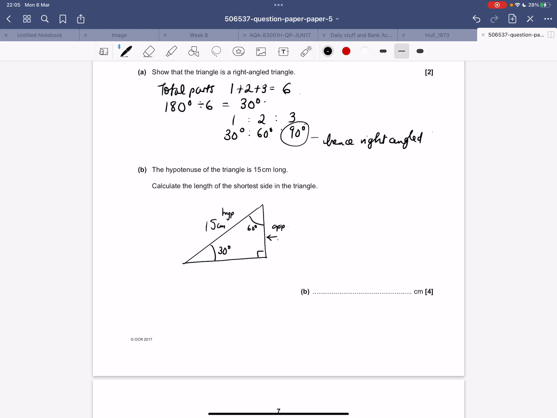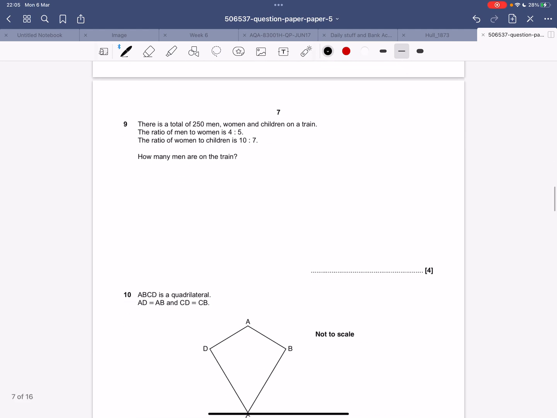So we're going to use sine ratios. We want the shortest side, which is the opposite. So the shortest side is 15 times sine 30 degrees. Now sine 30 degrees is one that you need to remember, and that's a half. So it's 15 times 0.5, 7.5 centimetres.